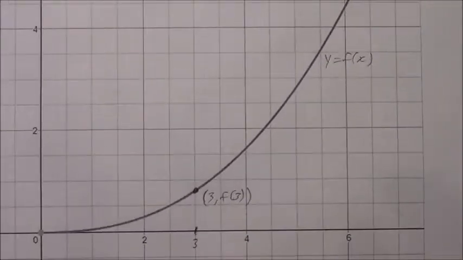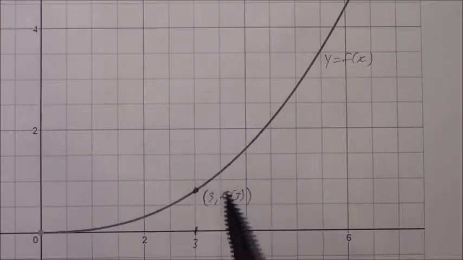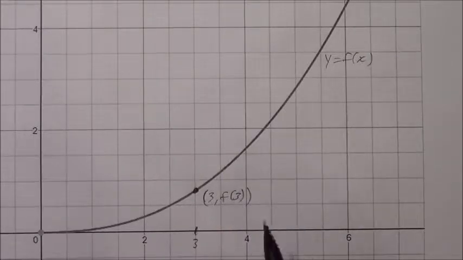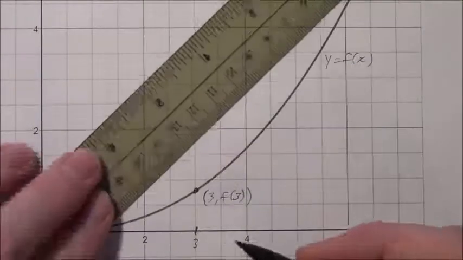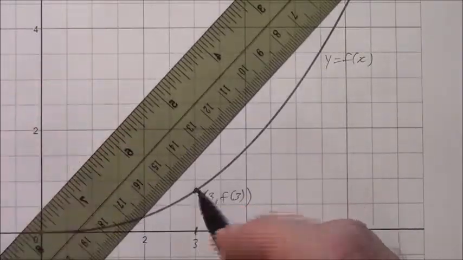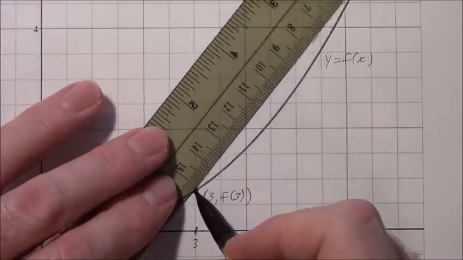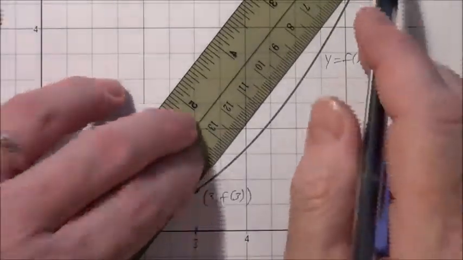And this point, of course, would be (3, f(3)). So the y value of this point is calculated from f(3). In order to find the gradient, suppose I'm going to use this point as my key point, and I'm going to draw a secant here.